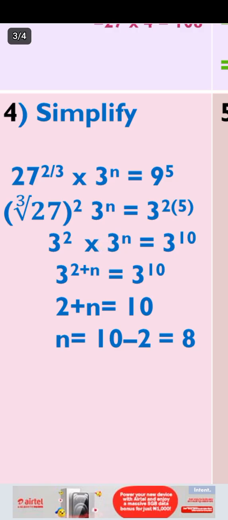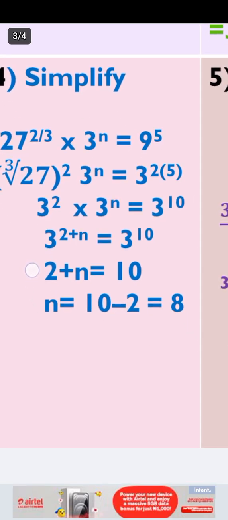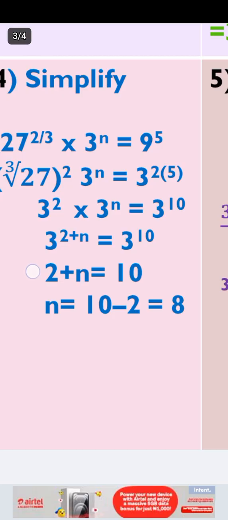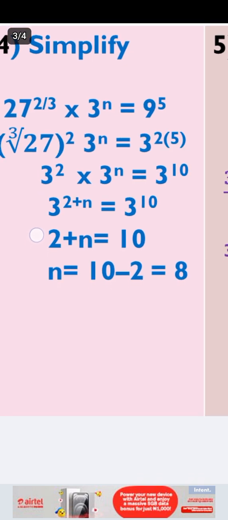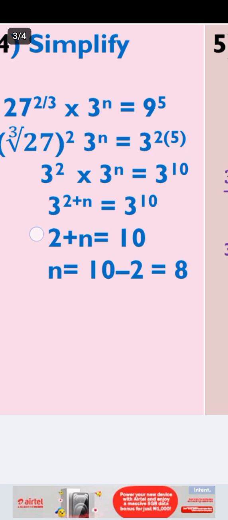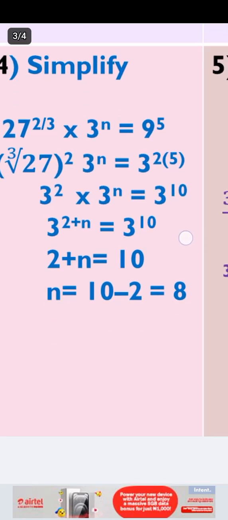Then it becomes 3 squared times 3 to the n is equal to 3 raised to the power 10. And to multiply indices of the same base, you add their powers, you add their exponents. So that becomes 3 to the 2 plus n is equal to 3 raised to the power 10.